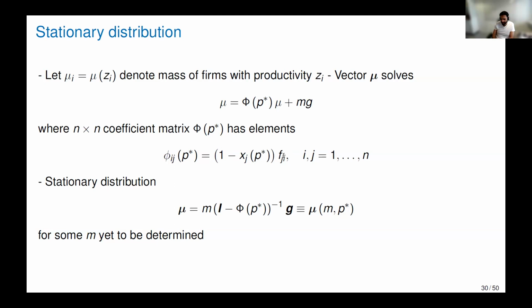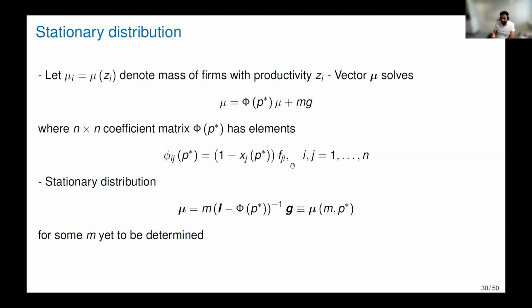This is given to us, 1 minus the exit decision. So if the probability that I jump from I to J is, whatever it is, and I am exiting at that level, then this is 1. Therefore, phi at that level is 0, because these firms will disappear from the economy.